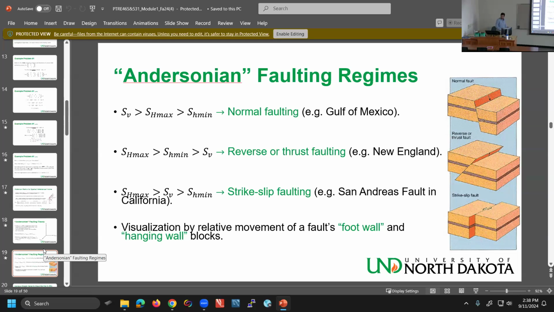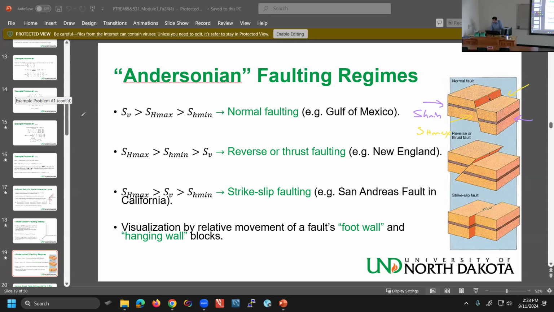So basically what I'm trying to explain is that SV is always understandable where it is, but where is the pen? For normal faulting, this was SH min, and what is left is the intermediate one, which would be SH max. For reverse faulting, it's the other way around.